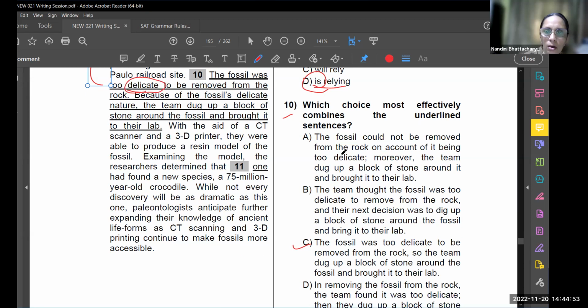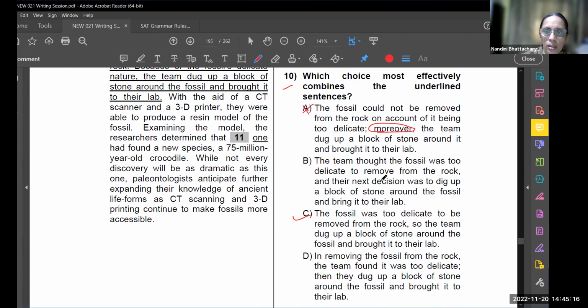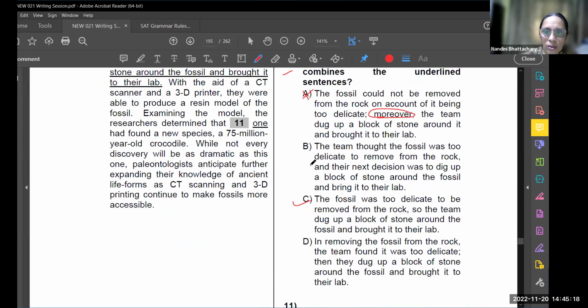So now, if you look at A, it has moreover the team members. Is it continuing? It is giving the same relationship that we already have in the two sentences. No, because it was delicate, they had to dig up. So moreover will not be an answer. The team thought the fossil was too delicate.